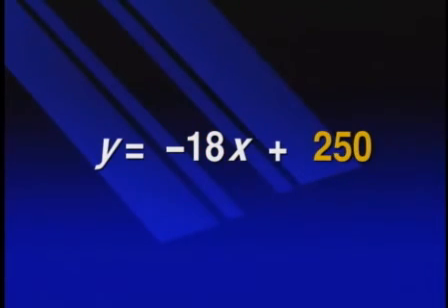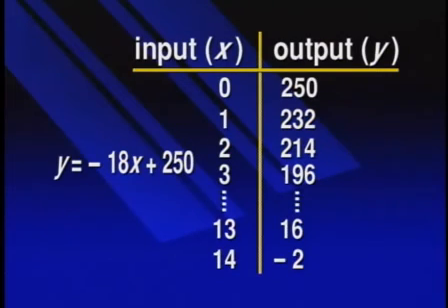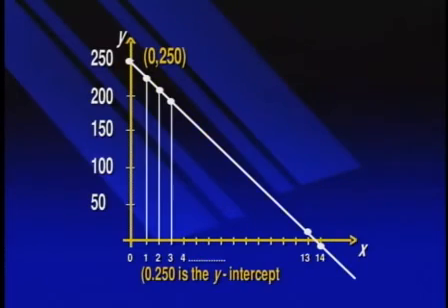In the table of input-output values, we found 250 to be the corresponding output value for that very important input value of 0. That translates into the graph as that unique point where the line intersects the vertical axis, where the line intersects the output axis. And for that reason, we call that point the y-intercept.